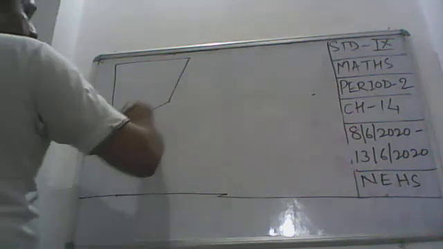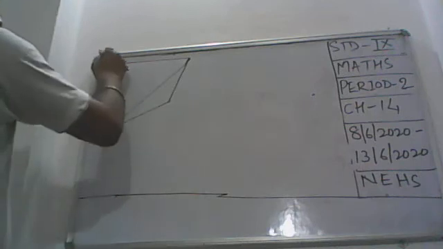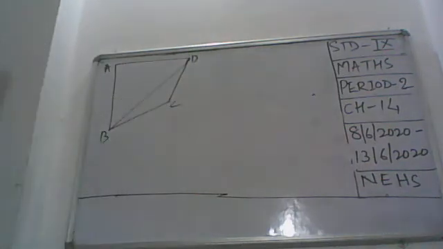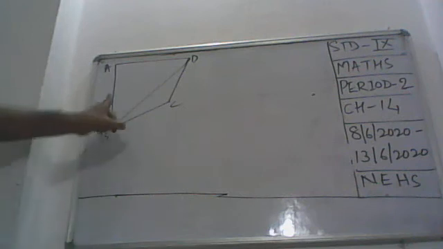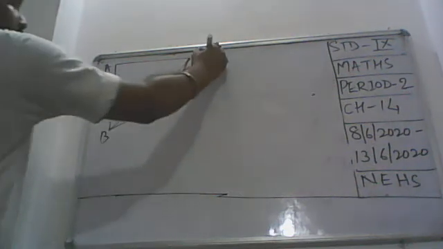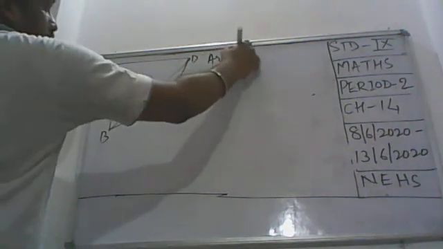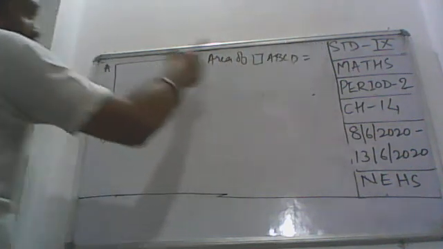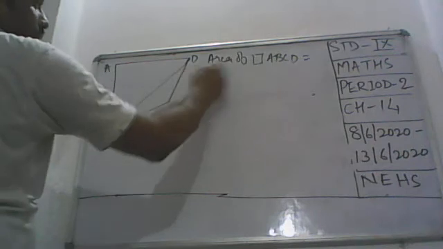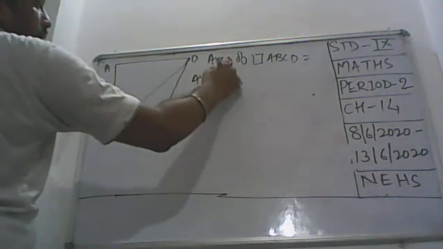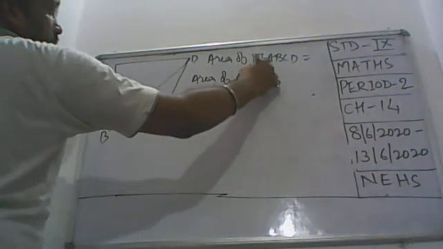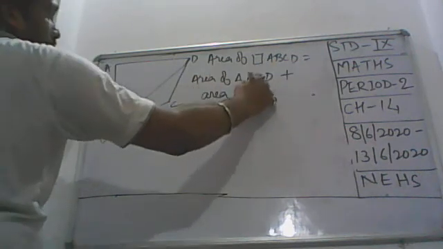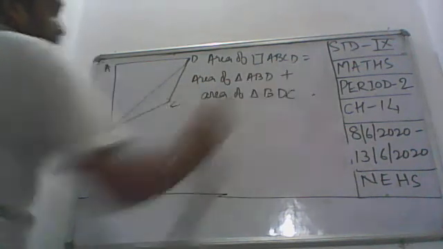Okay, this is my A, B, C, D. Now understand here, this quadrilateral, if I have to find the area of quadrilateral A, B, C, D, so it can be written like this, that is equal to area of triangle A, B, D plus area of triangle B, D, C.